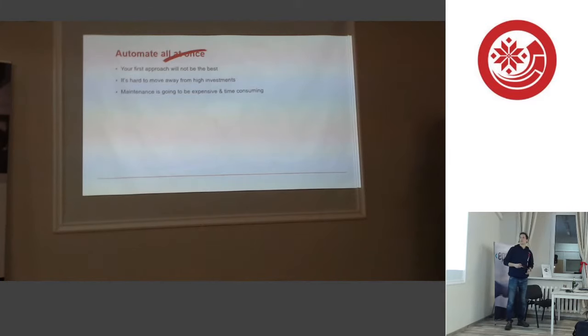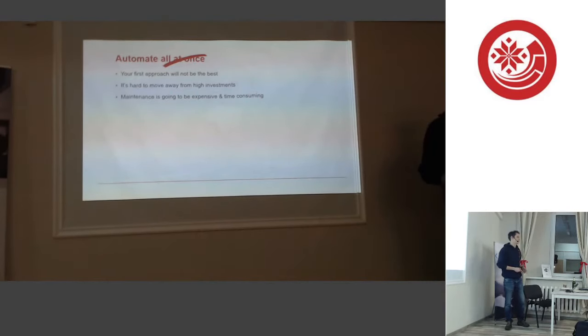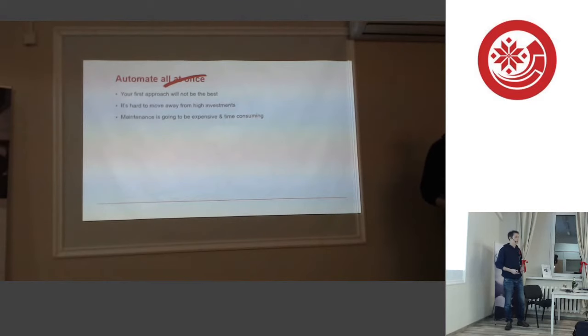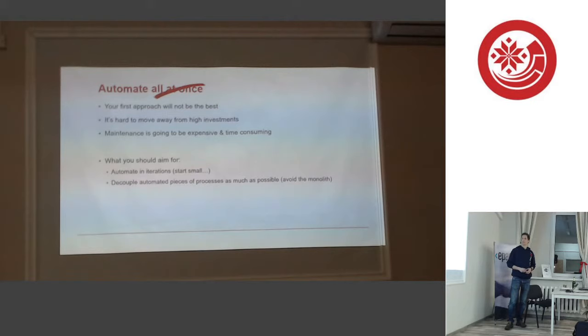If you're new to what you try to automate, because you do have so many changes in that automated process. So what you should aim for is automation in iterations. So I've said that a couple of times now. Start small and keep improving.